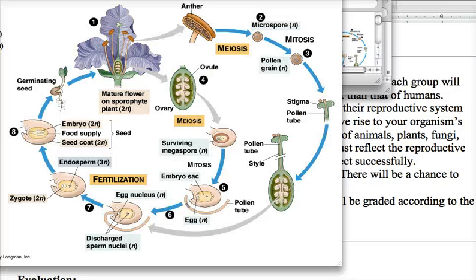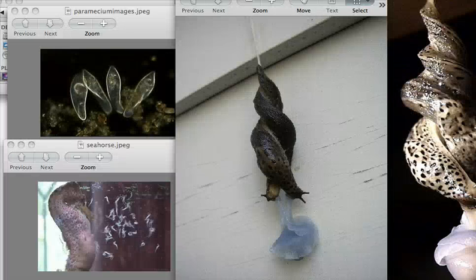Frogs. Plants are really exciting, but their reproduction takes a long time. This pollen tube in some plants takes a year to grow. It's like a year-long sexual event. Here's parameciums, exchanging genetic material.